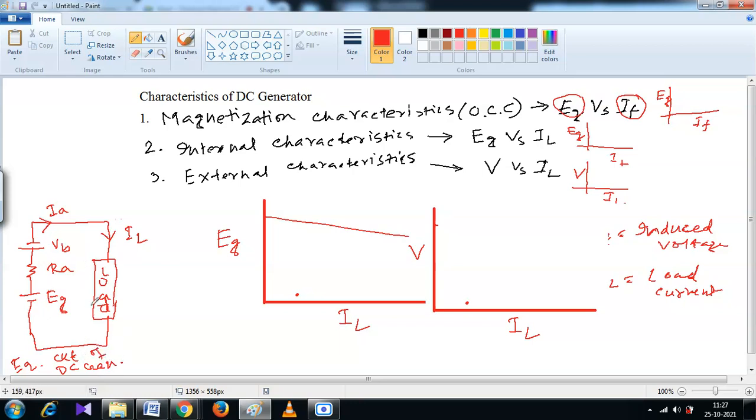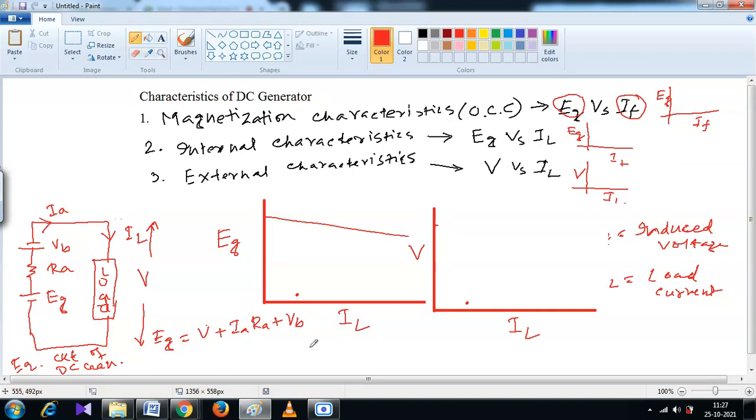And from that equivalent circuit of a DC generator, by applying KVL, what do we write? Suppose the load or terminal voltage is V. Then we can write EG is equal to V plus IA RA plus VB.